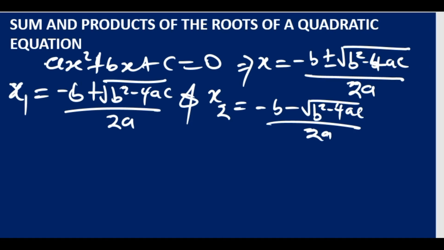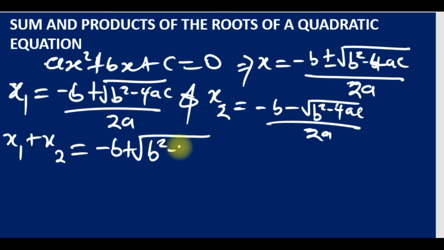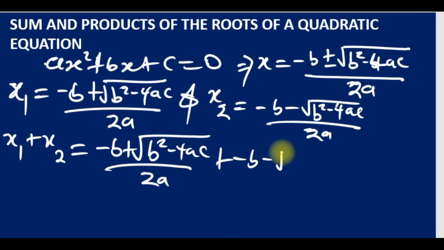So let's get a formula. Let's find their sum from this. Remember the title. So let's do x1 plus x2, which is minus b plus the square root of b squared minus 4ac over 2a, plus minus b minus that over 2a.